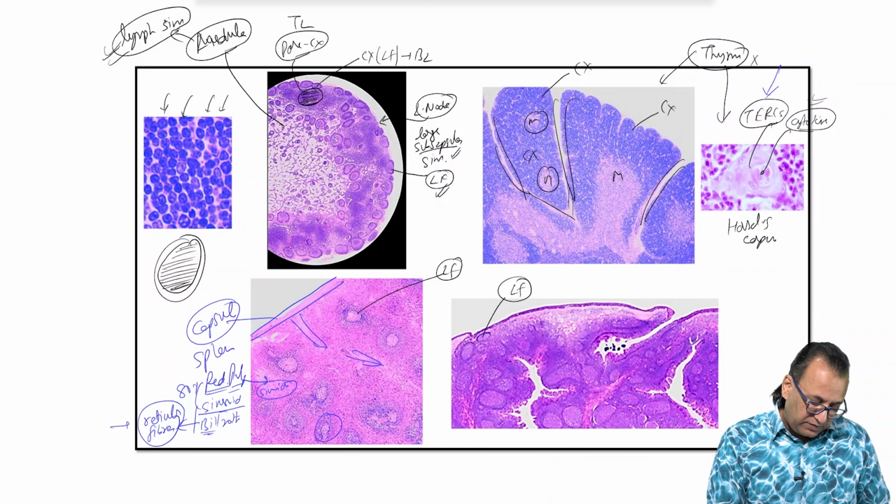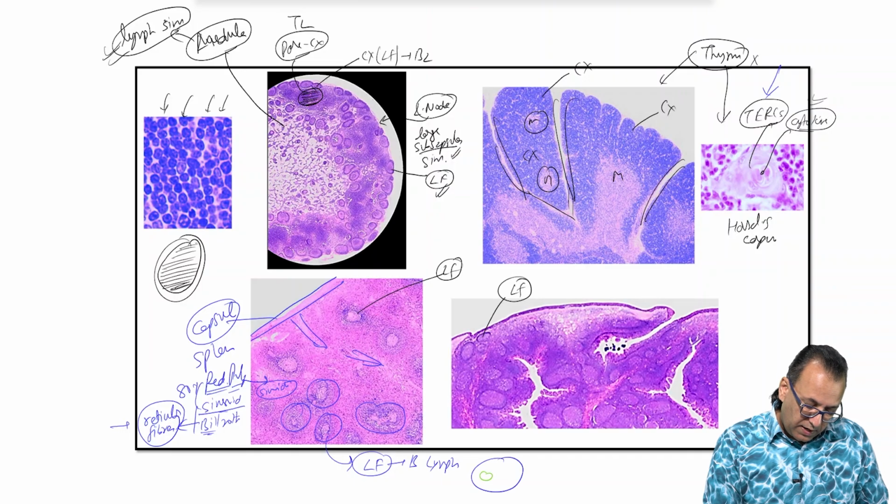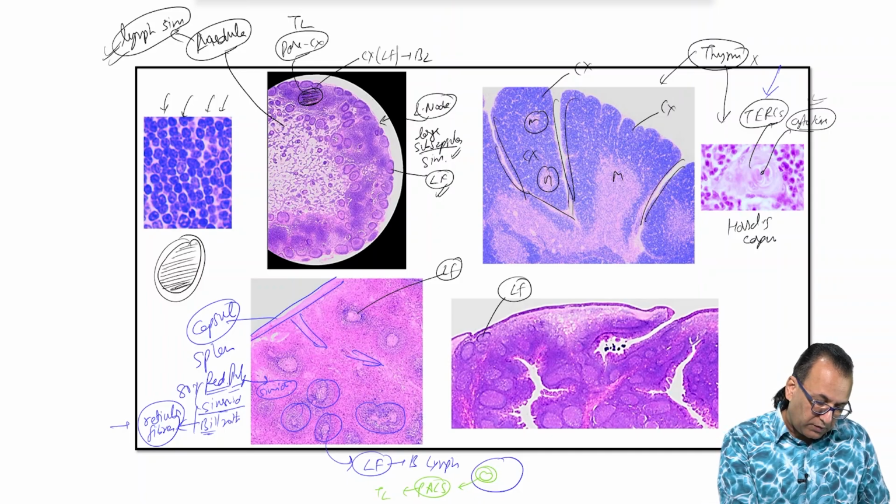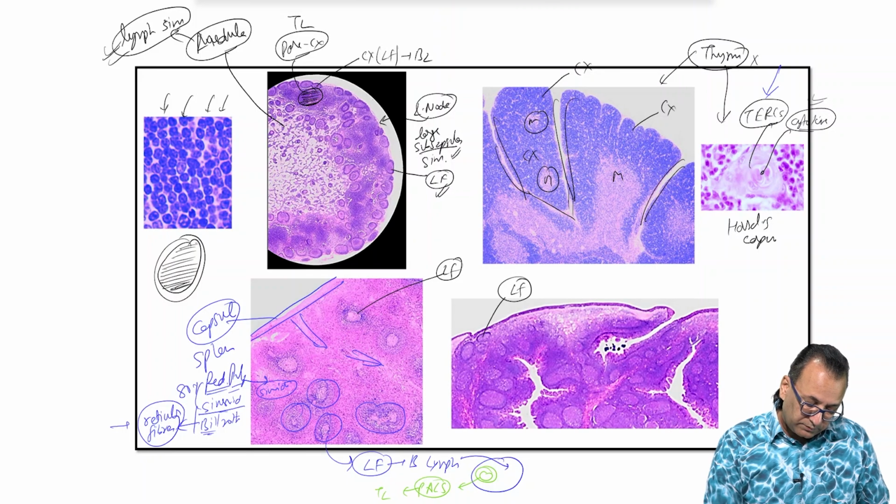Along with that, you'll have the white matter. White matter is very limited, and these are lymphoid follicles with B lymphocytes. Not only B lymphocytes, but there will be one central arteriole, and around the central arteriole you have the periarterial lymphatic sheath, which is T lymphocytes. So B lymphocytes will be in the lymphoid follicle.